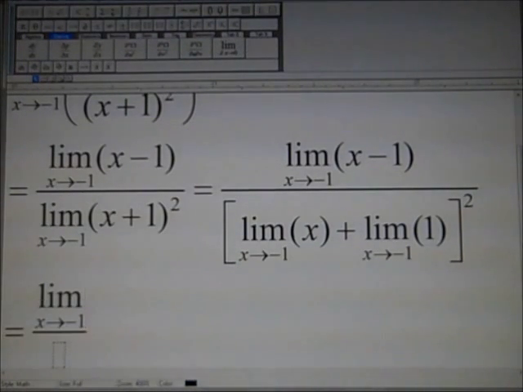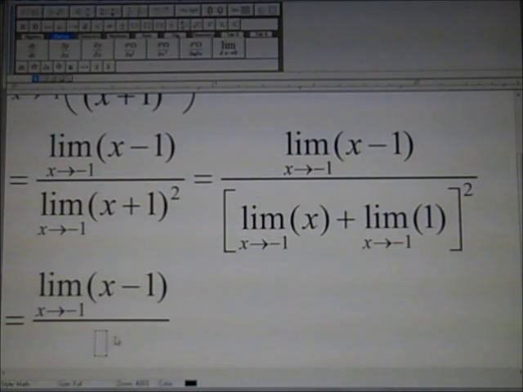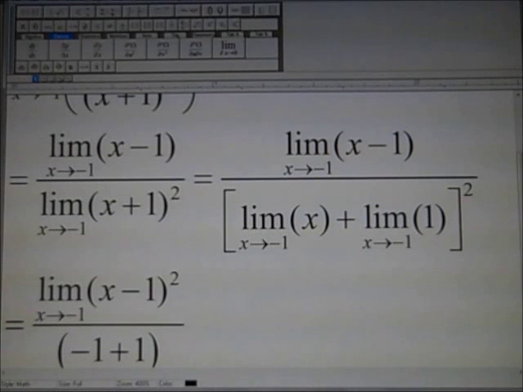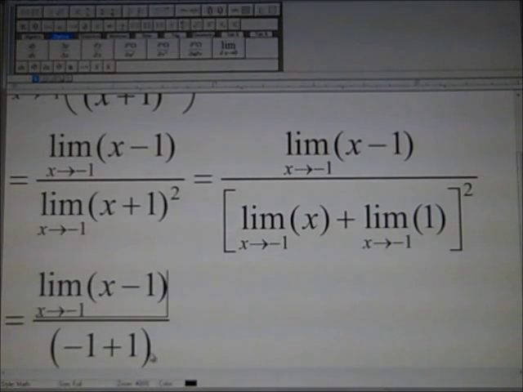It's still going to be the limit as x approaches negative 1 of x minus 1. What do I get on the bottom though? Well, the limit as x approaches negative 1 of x, that's just negative 1. The limit as x approaches negative 1 of 1, 1 is a constant, so it doesn't matter what x is approaching there. And then I'm going to be squaring this entire thing. Whoops, not square there, squared on the bottom.